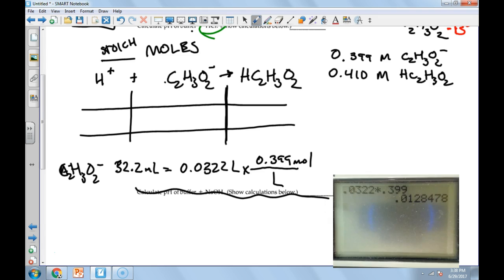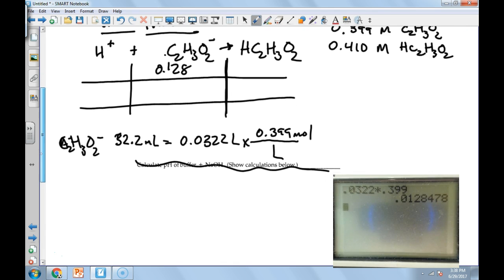That's going to give us the number of moles for the acetate, and so that is 0.128 moles.